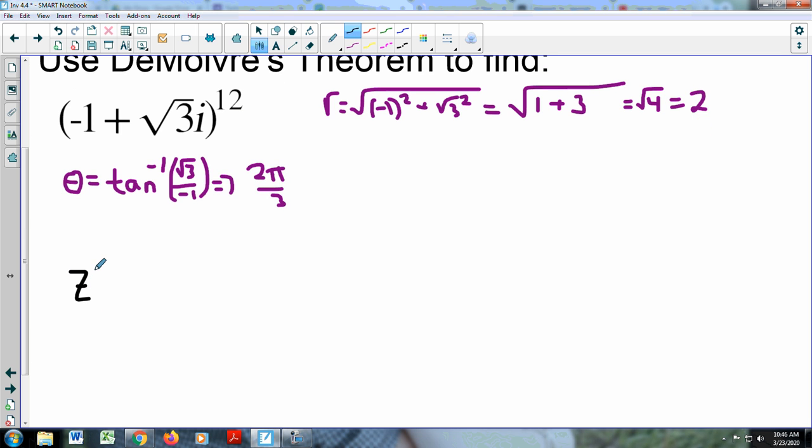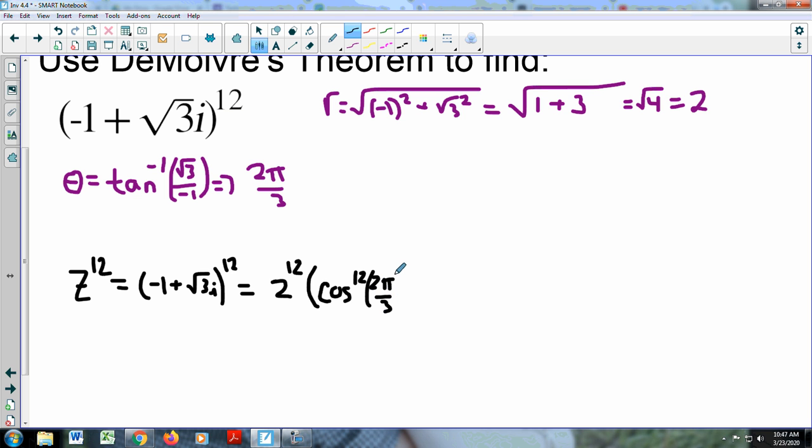I'm taking z to the 12th, which is negative 1 plus square root of 3 i to the 12th, which is 2 to the 12th times cosine of 12 times 2 pi over 3 plus i times sine of 12 times 2 pi over 3.